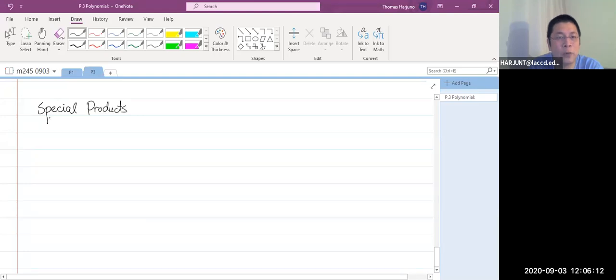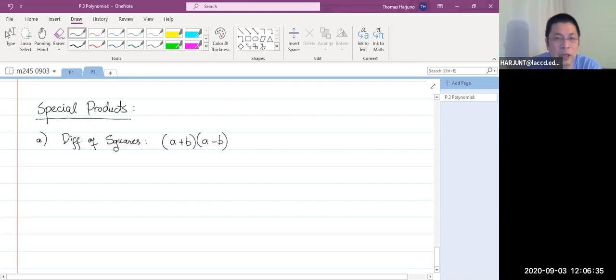You have seen this before. I just remind you again. The first one is difference of squares product. So a plus b times a minus b. So the same terms but opposite sign in between.